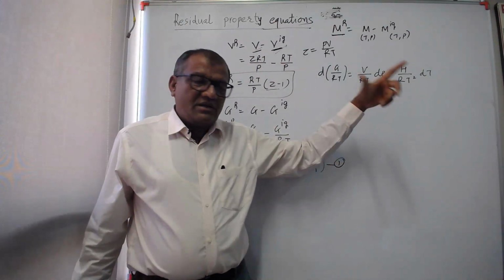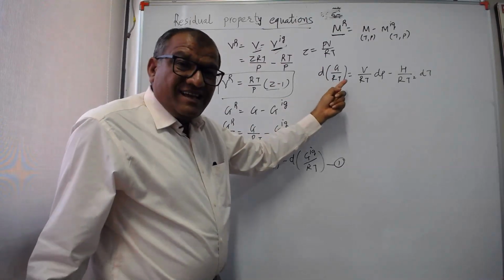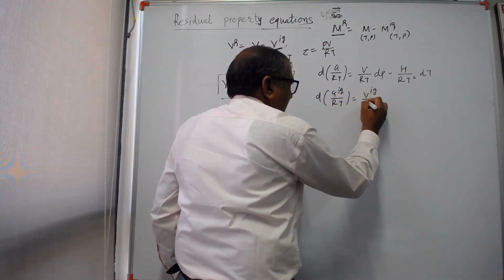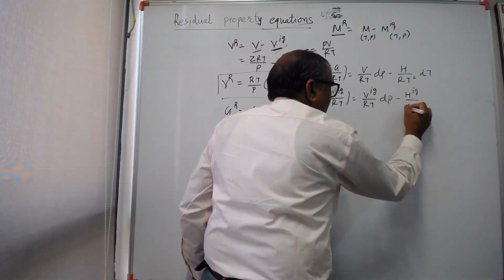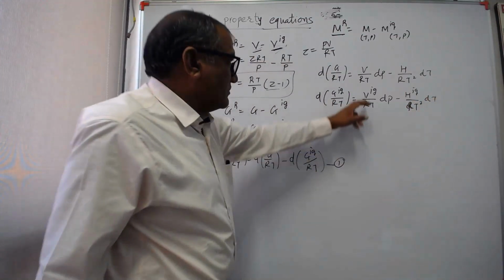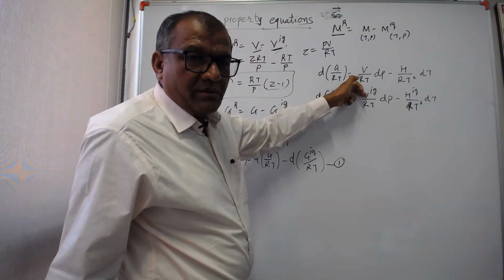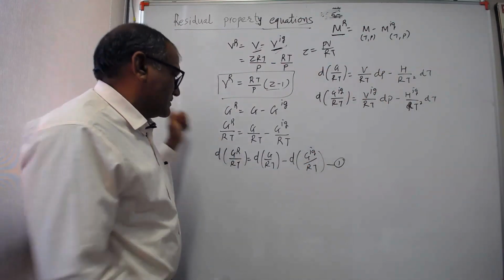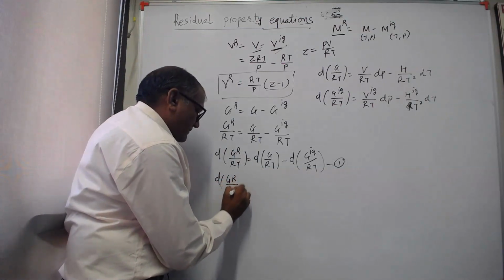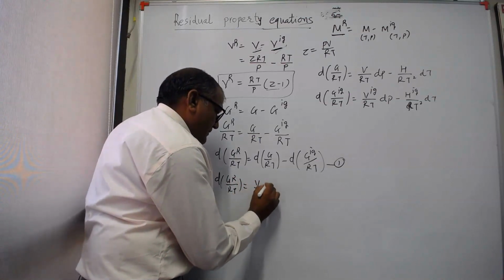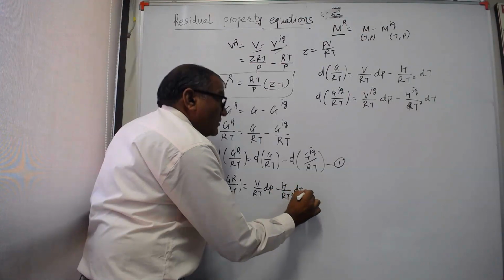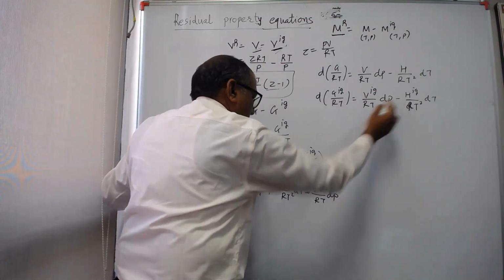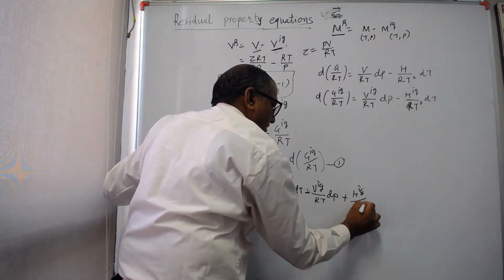Right, this equation we have derived earlier, and now I can write the same equation for an ideal gas, where V has been replaced by V^ig and H has been replaced by H^ig. Then we can put these two equations in equation number 1, so it would be dG^R/RT = V/RT dP minus H/RT² dT minus V^ig/RT dP plus H^ig/RT² dT.